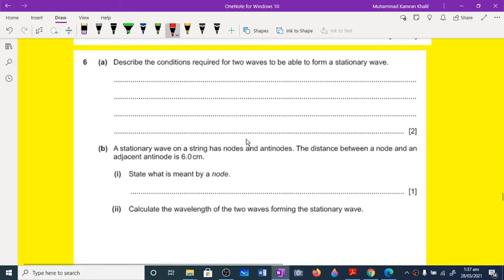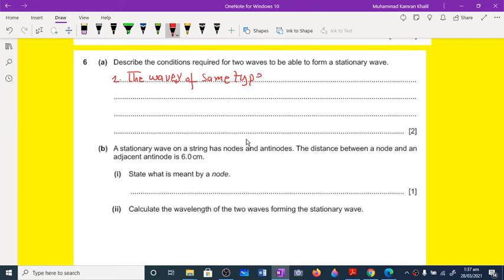Describe the condition for the two waves to be able to form a stationary wave. A lot of mistakes have been made by students in this question. The first thing they have not mentioned is the same type, the waves of same type. So I will write down the condition and you can write it down on your papers as well. The waves of same type, it is required by the examiner.